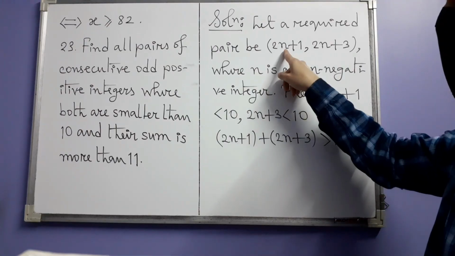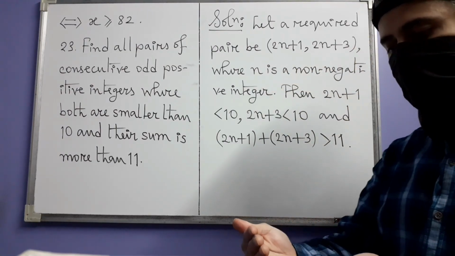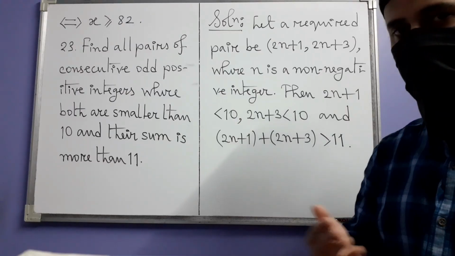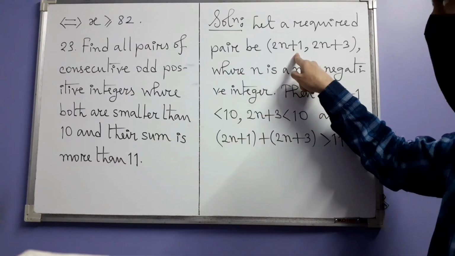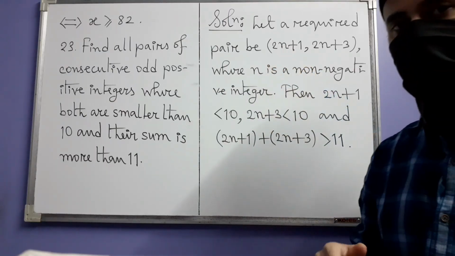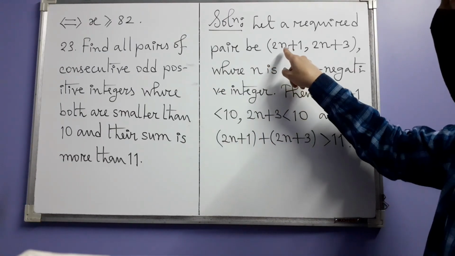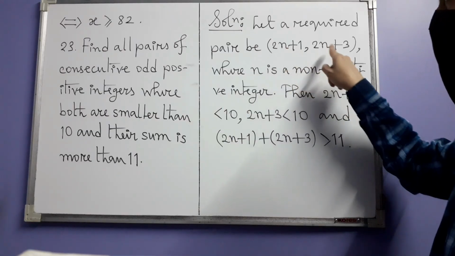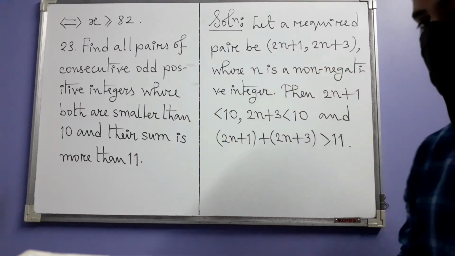If n is 0, you are getting 1. And by considering the other positive options for n, you get the other odd numbers. For example, if you take n equal to 1, you get 3 here. For the choice n equal to 2, you get 5. If n is 0, this is 1, this is 3. If n is 1, then this is 3, this is 5, like that.